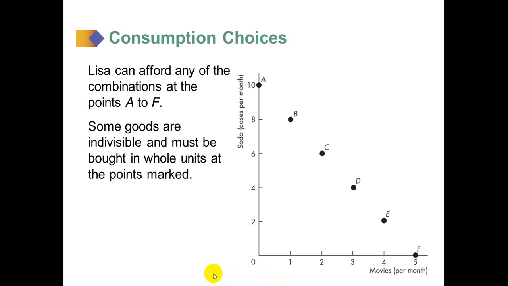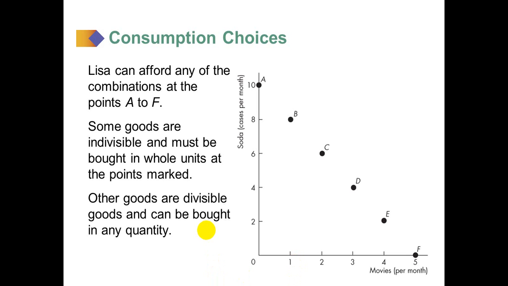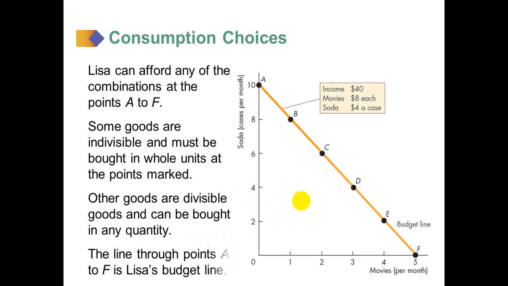Some goods are indivisible and must be bought in whole units at the market, while other goods are divisible and can be bought in any quantity.